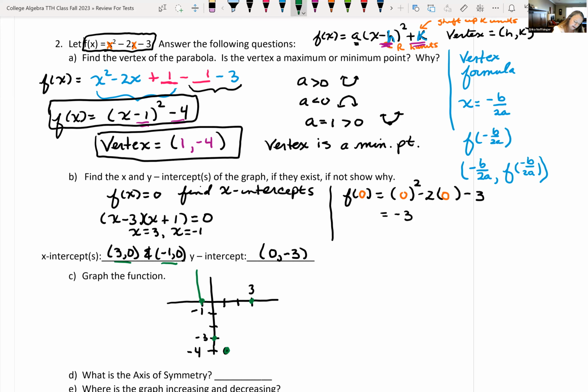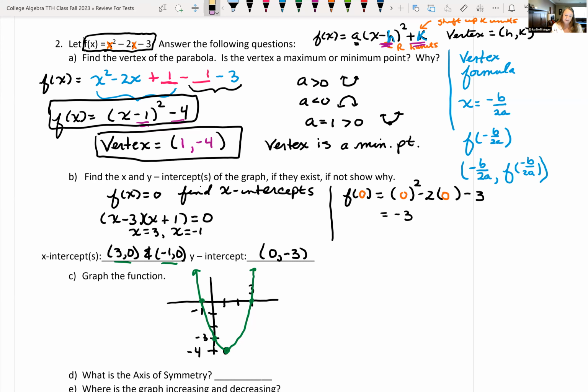So looking at this, I get the following shape. So if this was off somehow, like maybe I found my y-intercept was down here, I would know I had done something wrong because it wouldn't give me that parabola shape. So looking at what I had gotten, it looks correct by how the shape of that graph looked.